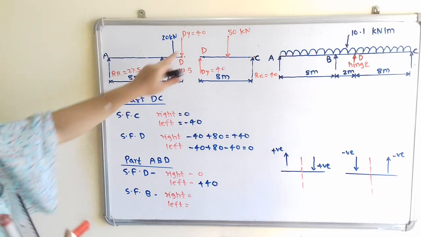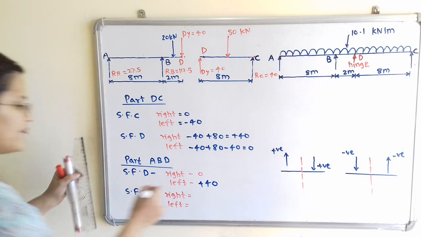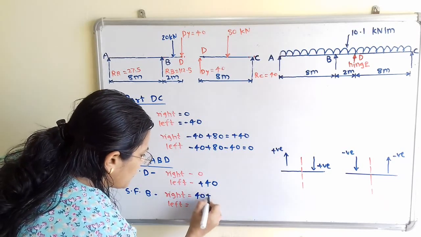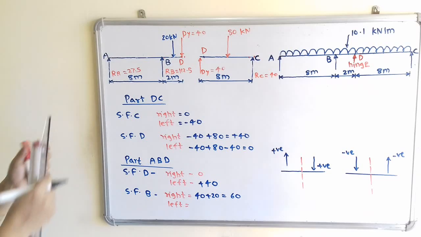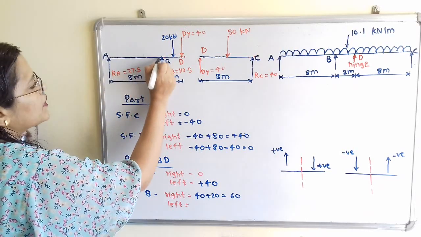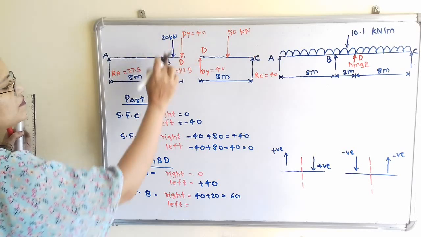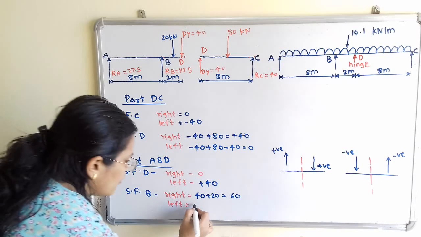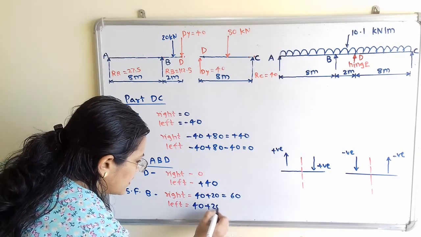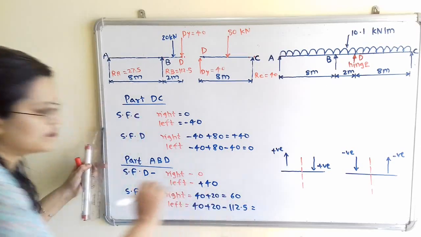Its value is 40 plus 20, that is equal to 60. And on left side if I consider here one point, then there are three types of load, 40 plus 20 minus 112.5.